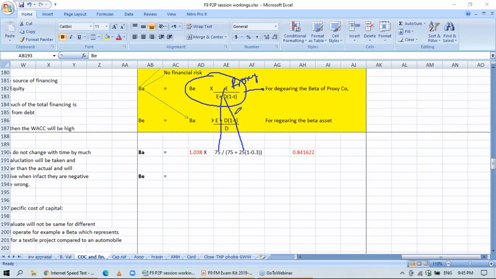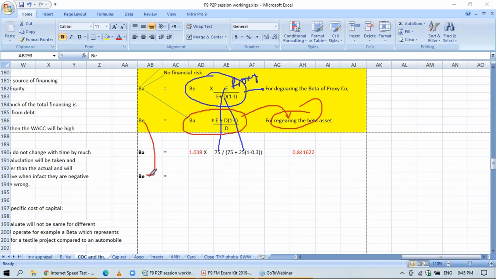And now we will be using the formula which I'll highlight in red. This formula will be used because obviously the card company is a geared company. It does have some borrowings. So now we will add the financial risk to the beta, which is 0.841622.